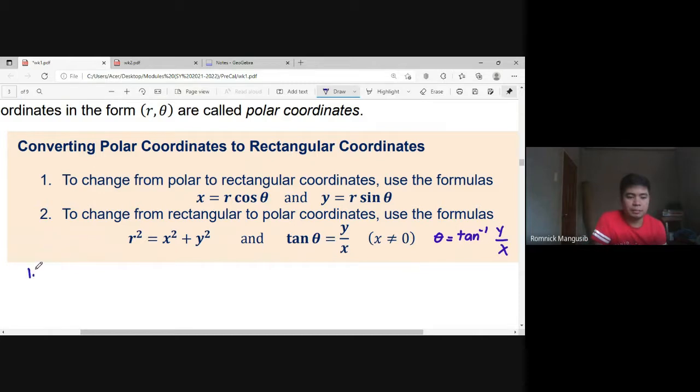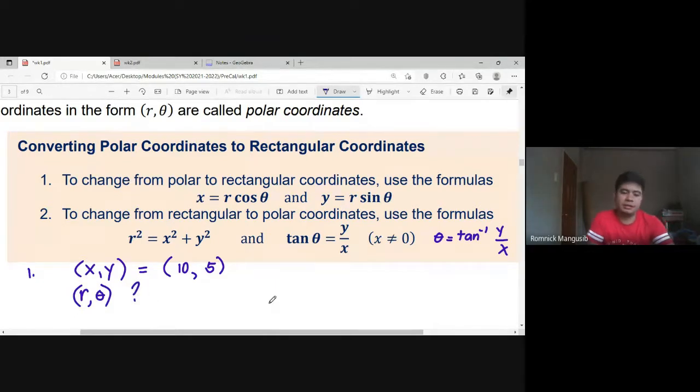Okay, well, number 1. If you have xy, this is xy given. Kung meron kang xy na may coordinates na 10 and then 5, and then what will be its corresponding polar coordinates? And then number 2, if you have polar coordinates, let's say this is 7 and then the angle is, sige, mag-select ako ng angle.